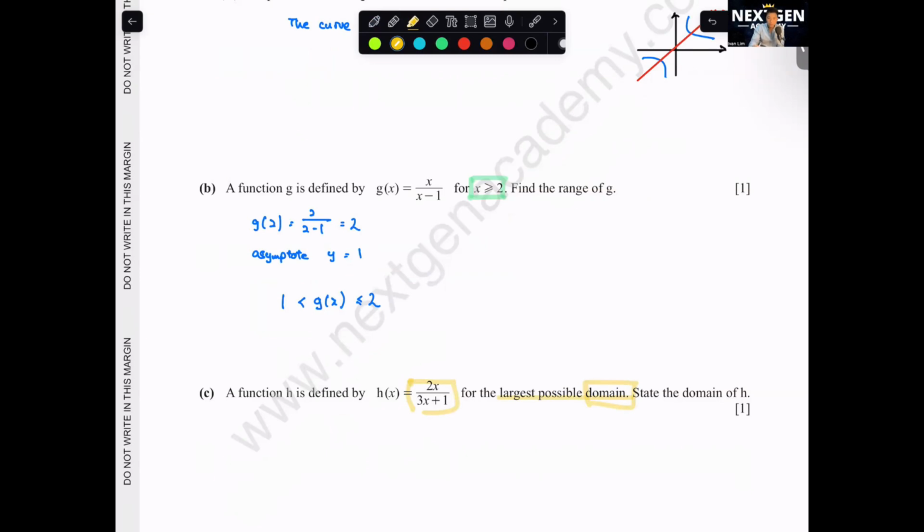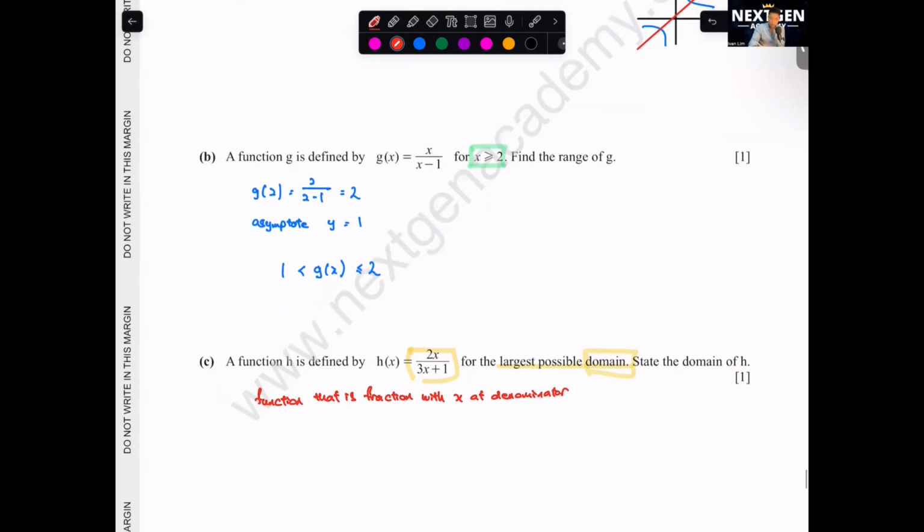Okay, all you need to remember for a function that is a fraction, with x at the denominator, so something like this one, 3x plus 1.